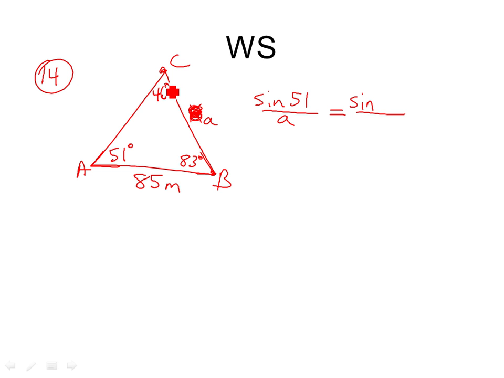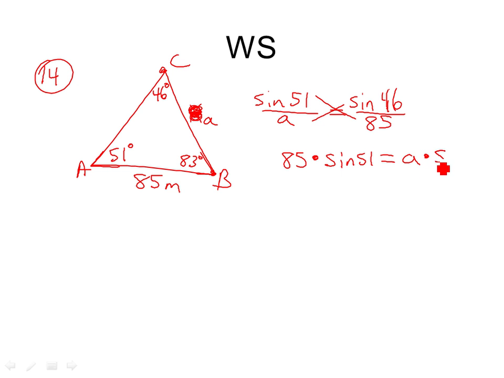Now what's our other ratio gonna be then? Sine 46 over 85. Now that's something that we can solve. We cross multiply, how do I rewrite that? 85 times sine 51 should equal what on the other side?